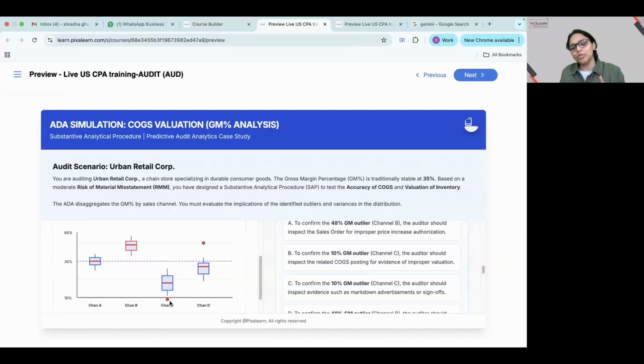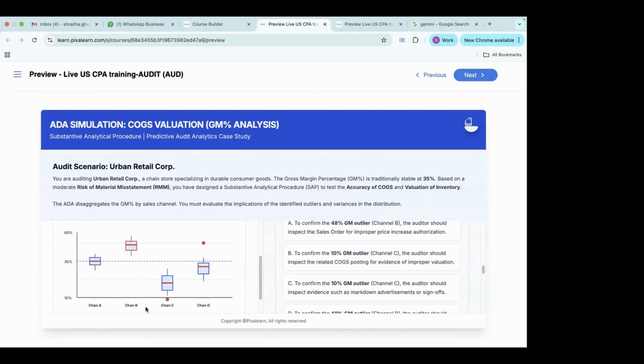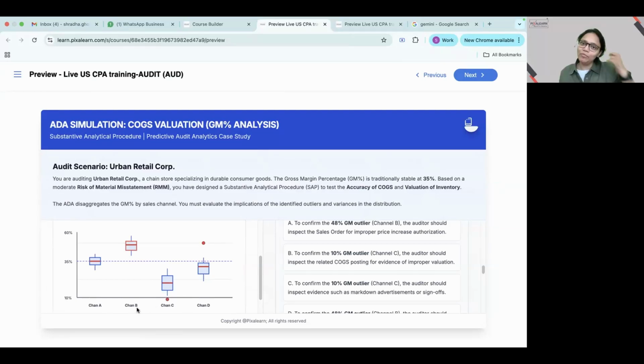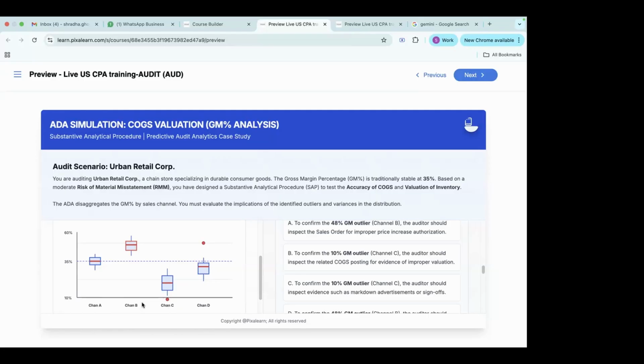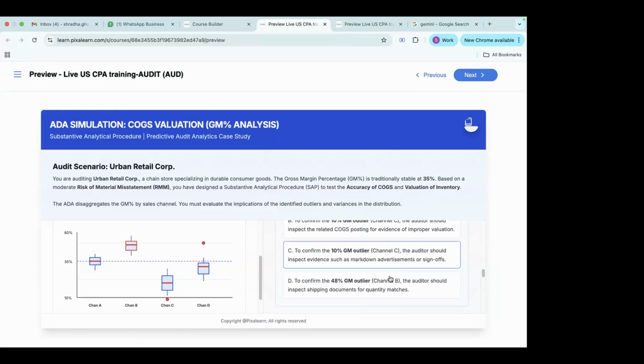But in that channel also, there was one particular instance of sale where the gross profit is 10%. As an auditor, what will be your first thing? That you offered a huge discount to this party for the sale. Yes or no?